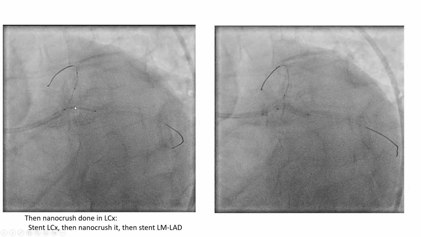So they did perfect T nano crush stent positioning in the left circumflex while a balloon is stationed in the LAD. Then they crushed it. Then they stented the LAD. And that was nano crush perfect T in the left circumflex after a nano crush perfect T into that ramus. So they ended up basically with double sequential perfect T nano crush.